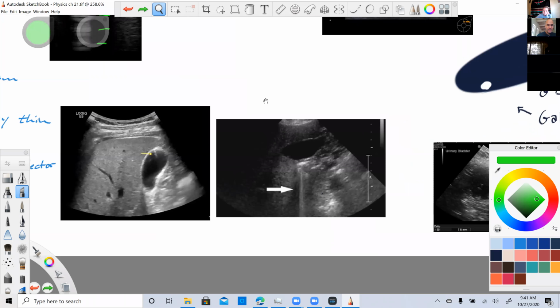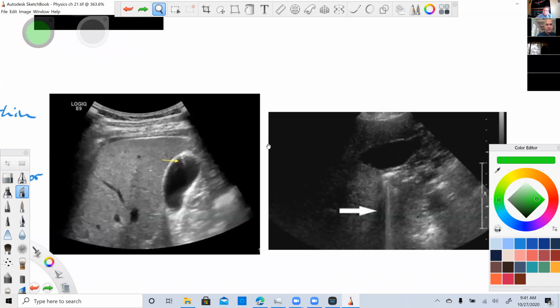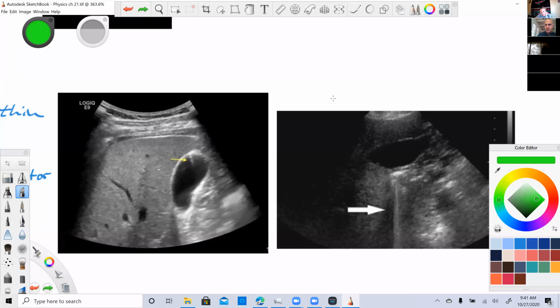So that's a nice shadow. Where's my, okay. I mentioned a gallbladder. This is a liver here, gallbladder there, and we have this little guy there.